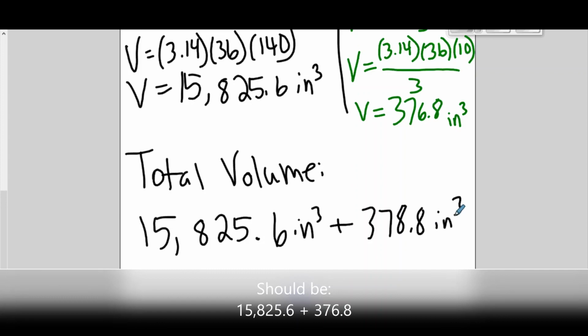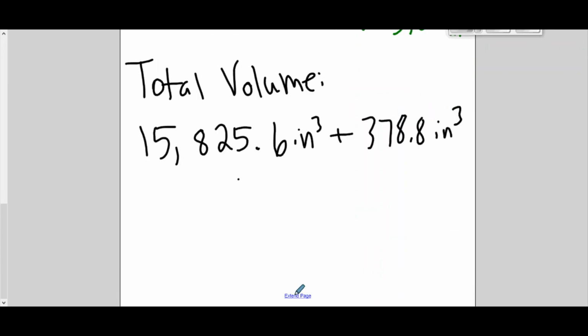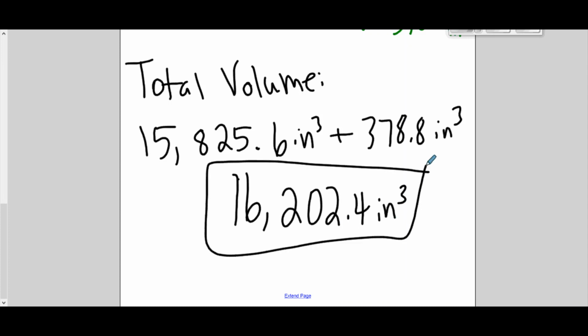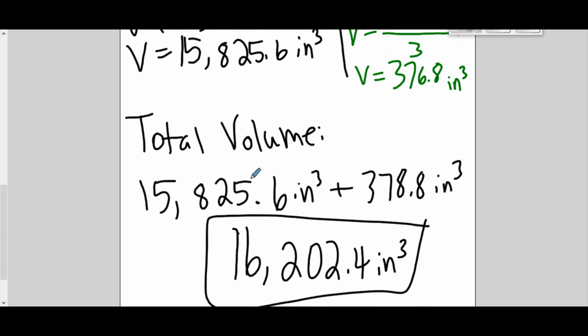So I'm just going to add those two together, and I'm going to get 16,202.4 inches cubed. So that's the total volume when I add those two volumes together.